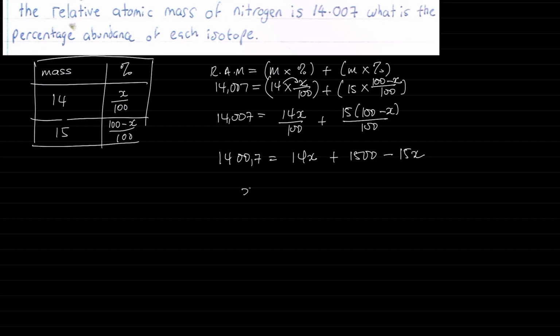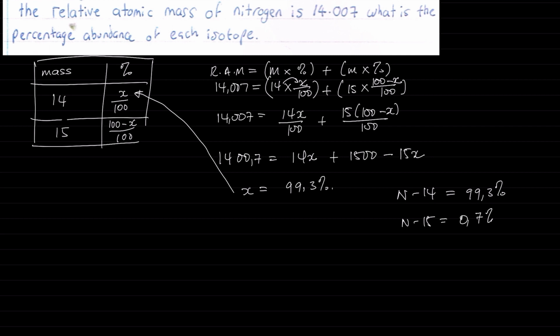And you solve for x, you're going to get x equals 99.3%. So that's obviously going to be this one. So N14 is going to be 99.3%. That means N15 is going to be the remainder, which is 0.7%.